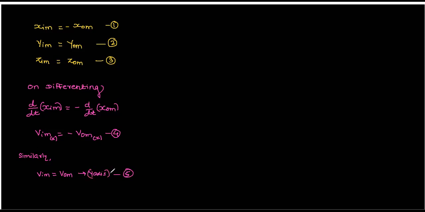And VIM is equal to VOM, this is for the z axis. So you understand only one thing, that only along the x axis its sign is reversed, otherwise in the remaining two axes, either y or z, it remains the same. Yes or not?